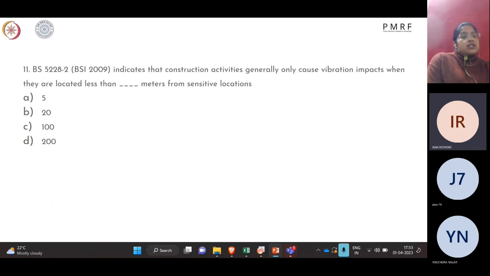So what is that distance in meters, specifically for sensitive locations? So yes, the correct answer is 20. So option B is correct, as you pointed out.